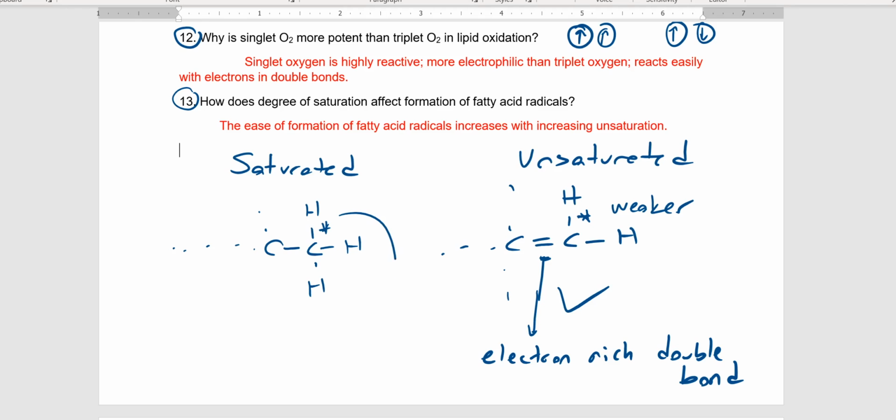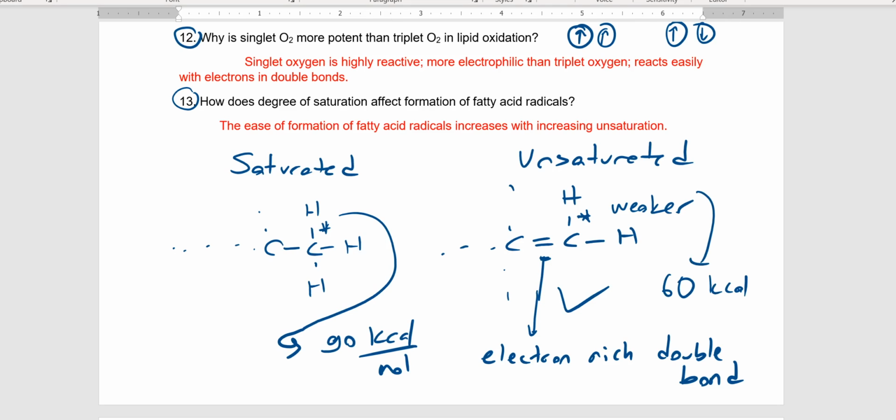For example, the bond dissociation energy here, let's say 90 kilocalorie per mole. So then this becomes, let's say, 60 kilocalorie per mole.